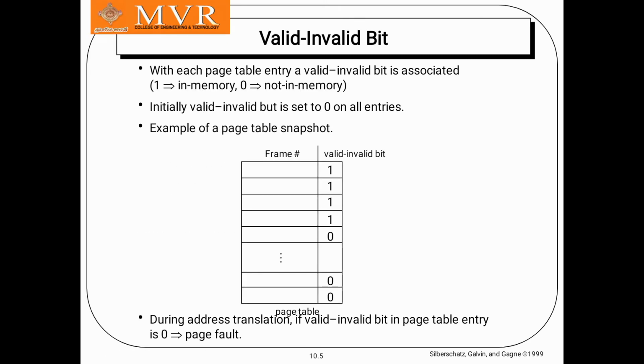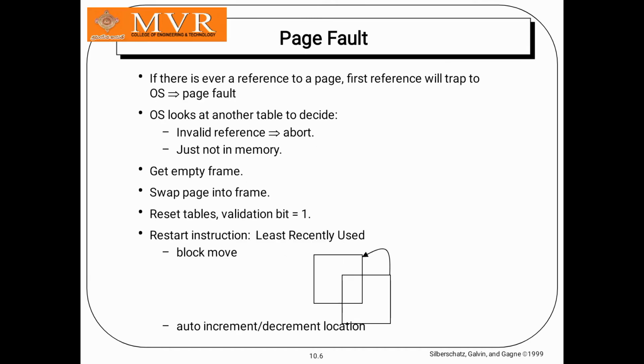Here, demand paging always checks the valid bit or invalid bit for framing. If the page is valid, it is set as 1, and if it is invalid, it is set as 0, as we learned previously in this concept.